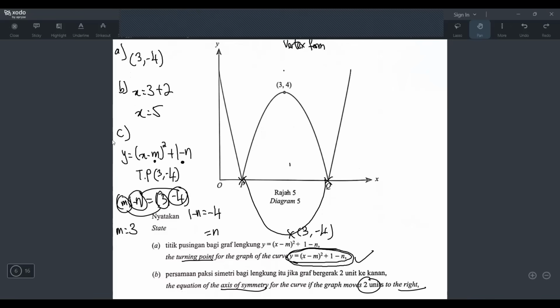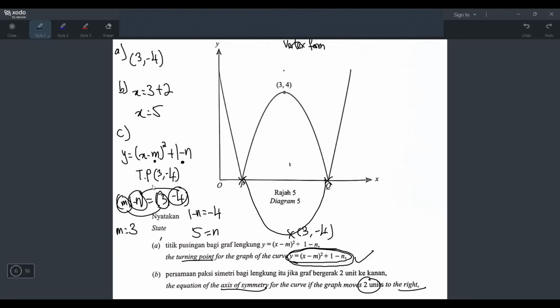Let me think about this. 3, -4, m, 1 minus n. 1 minus n equals -4, right? Because 1 plus 4, okay, if I do it like this, my n is 5, right? But the marking scheme has a different answer.